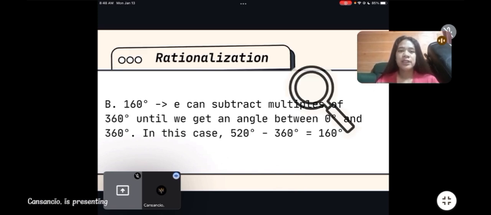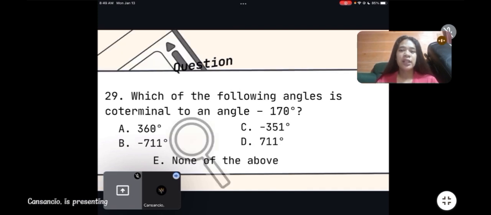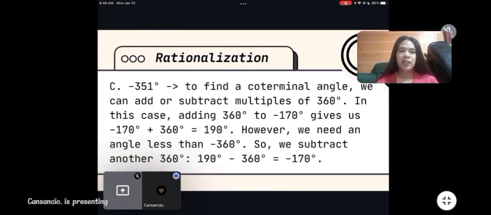So next, number 29. Which of the following angles is coterminal to an angle of negative 170 degrees? A. 360 degrees, B. negative 711 degrees, C. negative 351 degrees, D. 711 degrees, or letter E, none of the above. So the correct answer is letter C, 351 degrees.